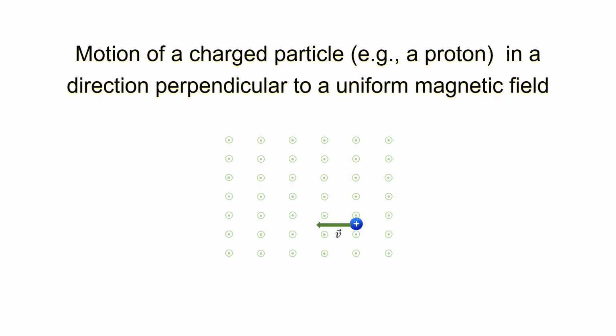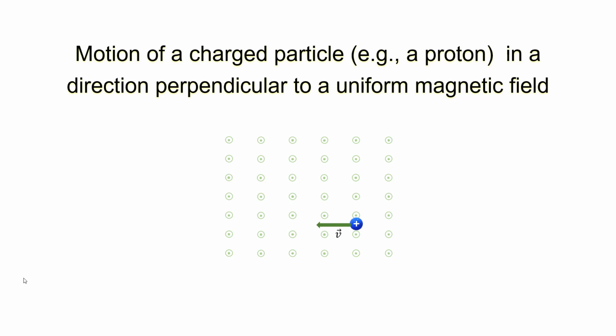So when a proton moves in a magnetic field at some velocity, it will feel some force, and that force is given by q v B sine theta.